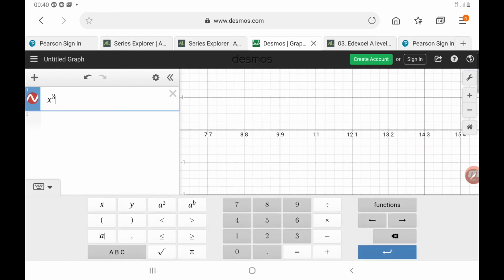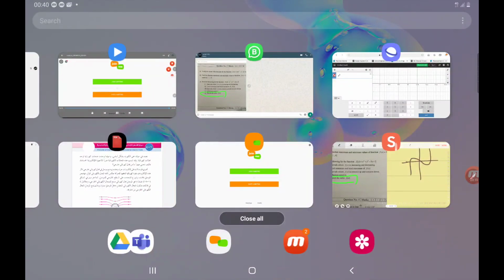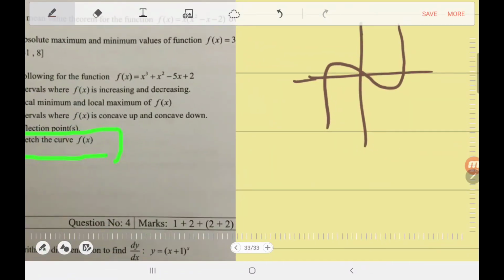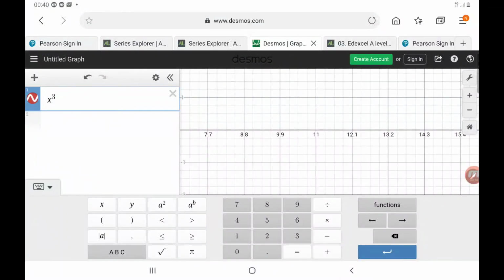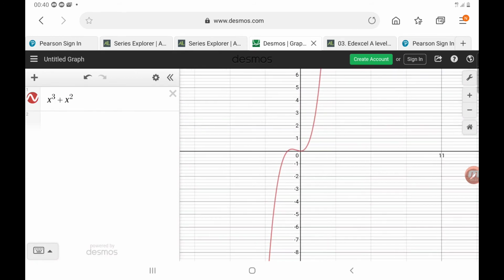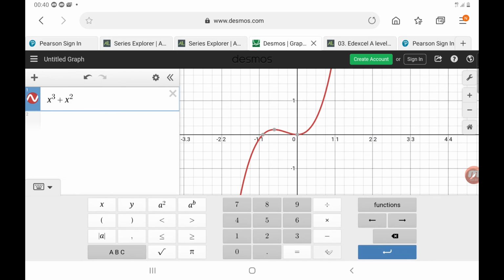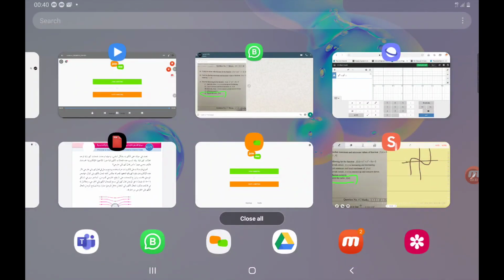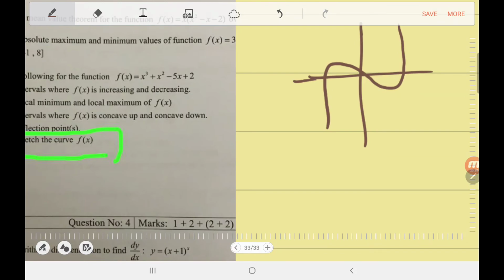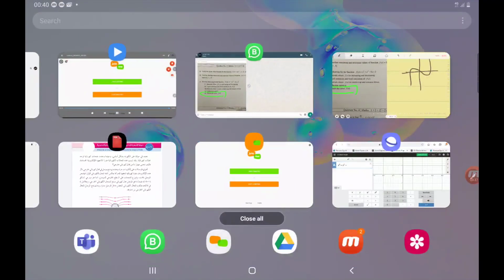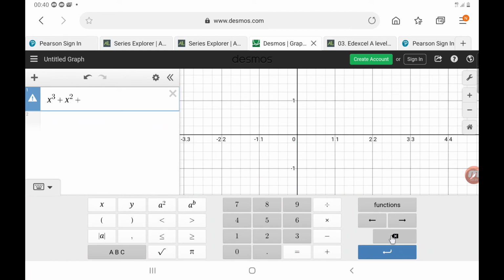Yeah, so it's x cubed, next plus x squared. So the graph changed now. Plus x squared, okay, minus 5x plus 2.